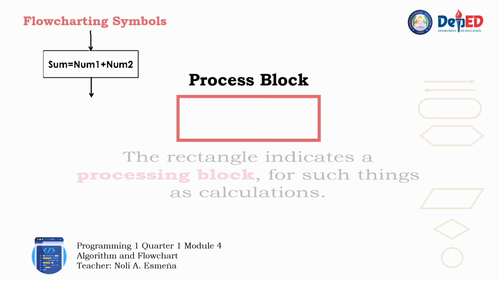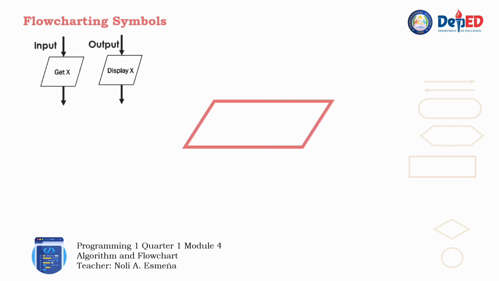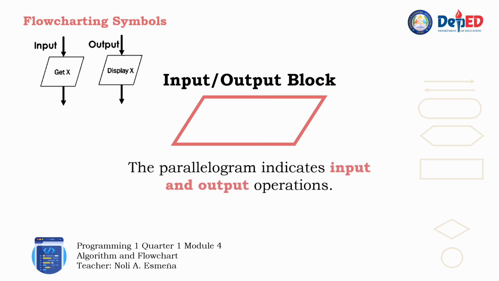Process block. The rectangle indicates a processing block for such things as calculations. Input and output block. The parallelogram indicates input and output operations.